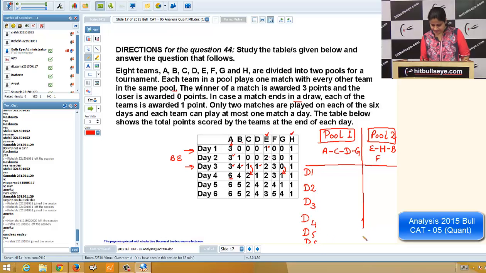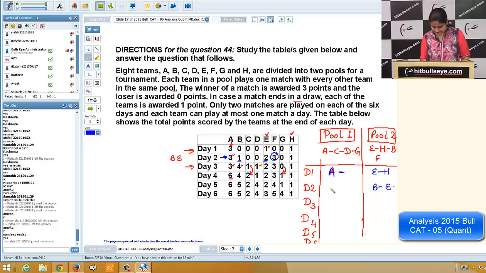Now you can make matches for day 1, day 2, day 3, day 4, day 5 and day 6. In day 1, A will play a match with any other team. I don't know the name of that team. And on day 1, E and H are both playing. Now coming to day 2, B and E are playing. B belongs to this pool.